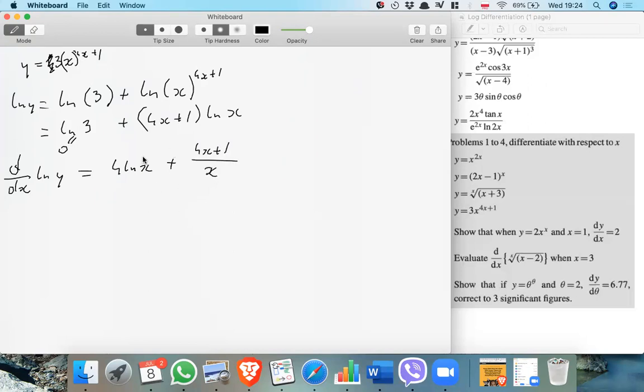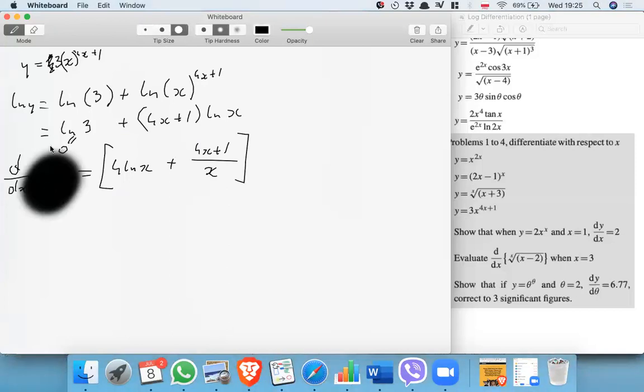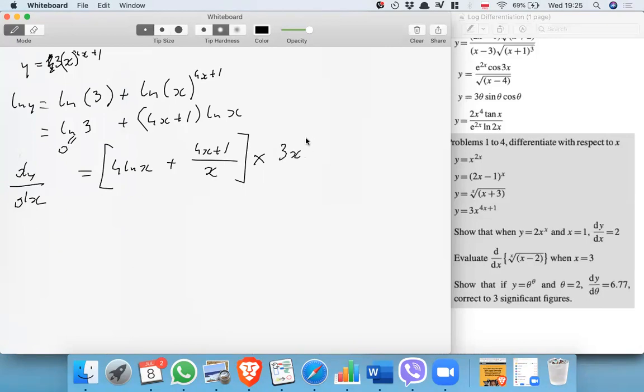So that's the expression. Now I can say that dy/dx equals the derivative of the logarithm multiplied by the original function, which is 3x to the power of 4x plus 1.